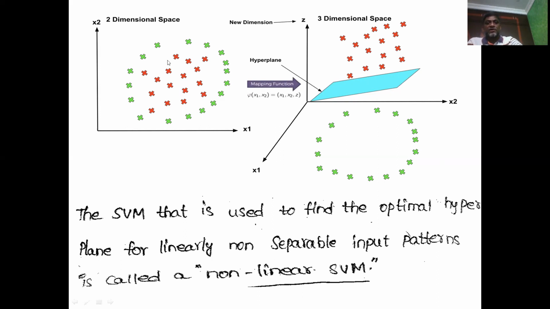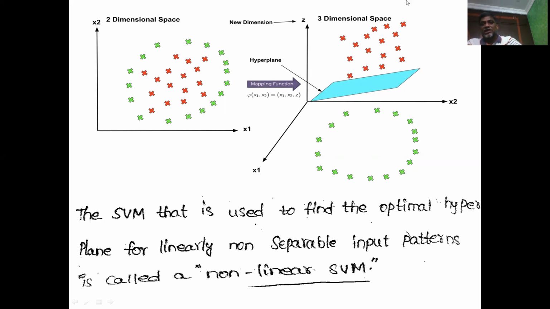Okay, so with the help of some mapping function, we convert this input space, which is in lower dimension, into a higher dimension space, something like this. Then it appears these can now be separated with a straight line. So now the red color symbols are linearly separable from green color symbols.